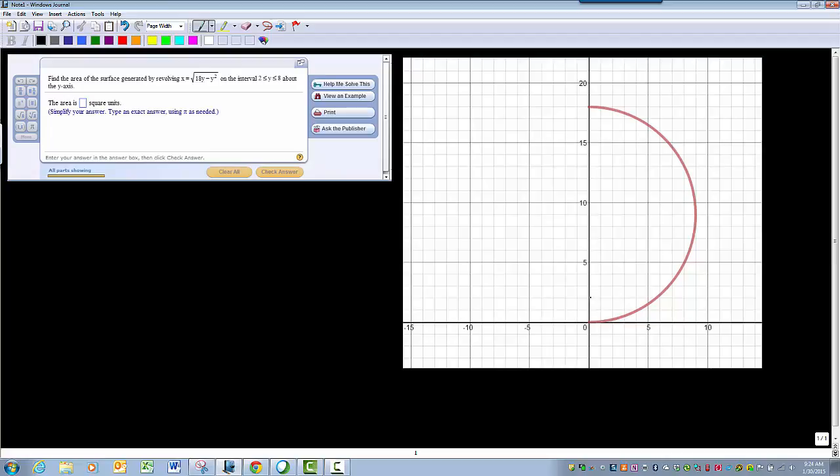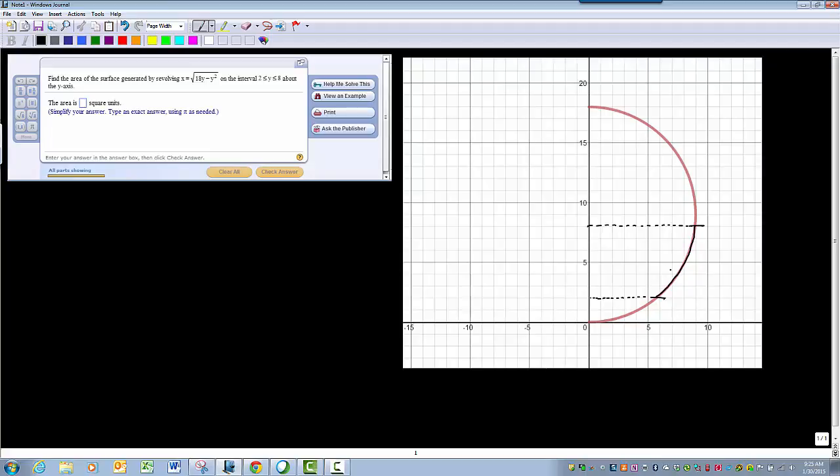So here's 2, and from here to a height of 8. 8 is right here. So this section right here is what's getting revolved around. We need to find that surface area.